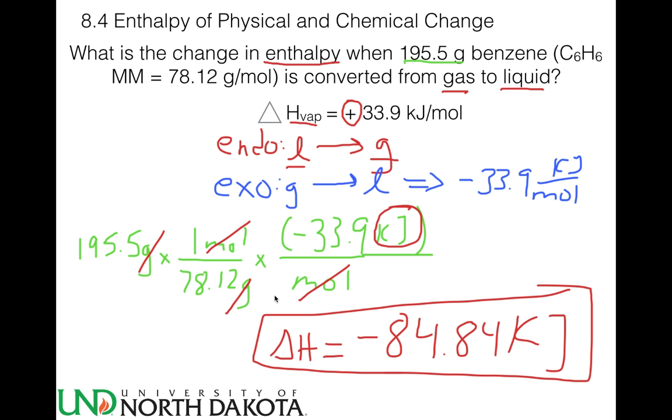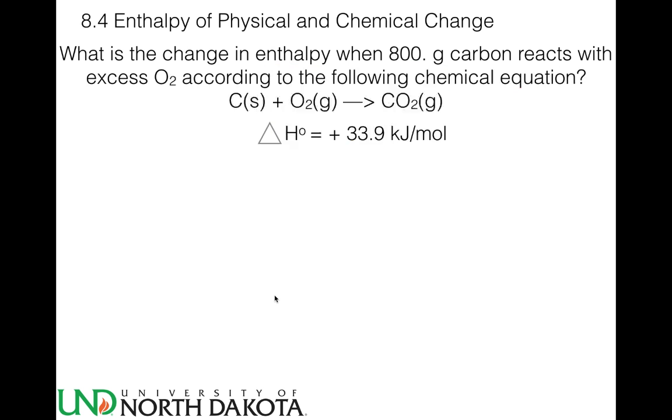Now this video is also called enthalpy of chemical change, which is what we did when we were learning about thermochemical equations, but let's just do another problem as practice. What is the change in enthalpy when 800 grams of carbon reacts with excess oxygen according to the following chemical equation? Solid carbon plus O2 gas gives us carbon dioxide gas.